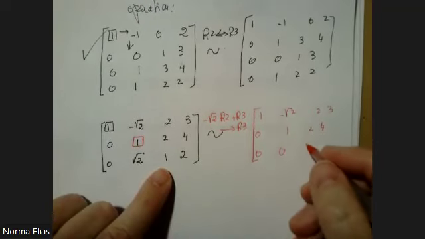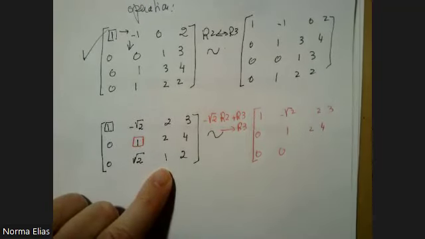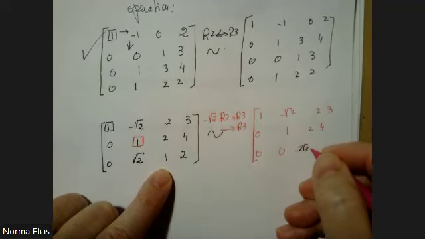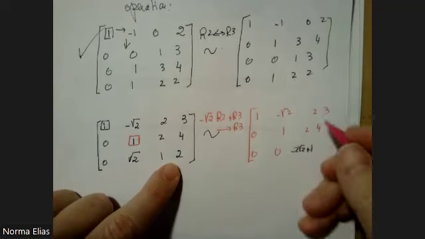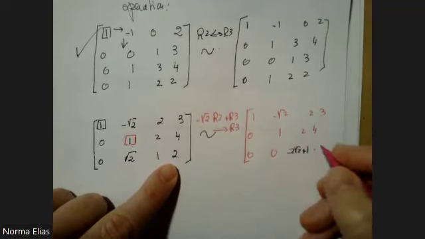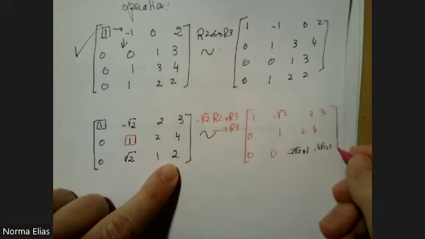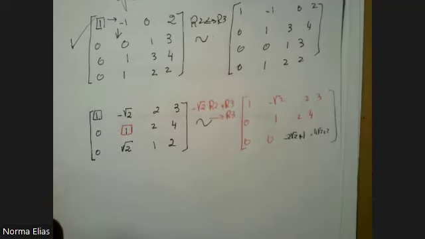And then, of course, here I will have minus 2 root 2 plus 1. And then I will have minus 4 square root of 2 plus 2. Okay, so that's the only operation.